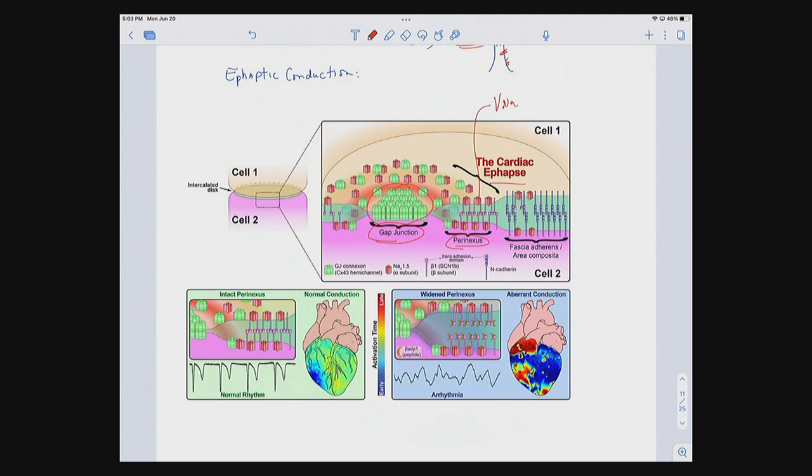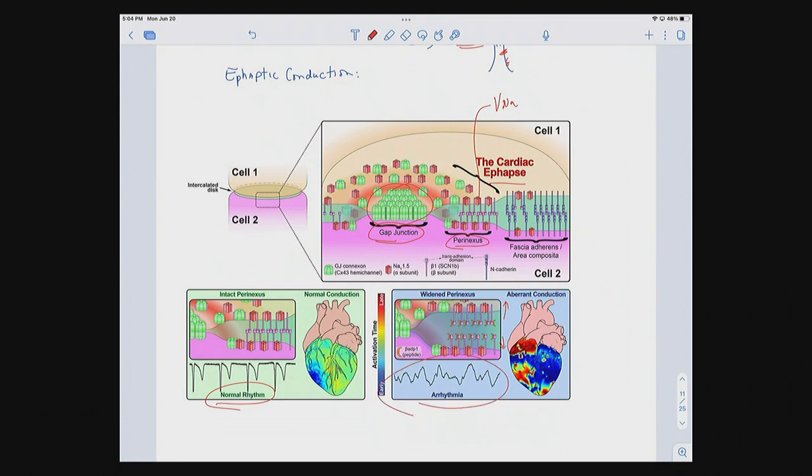This was a curious type of experiment that they did, in the sense that when they experimented on this tissue and everything is normal, then the normal rhythms were occurring and everything was fine. But they were able to manipulate the cellular structure such that they separated, made wider, the perinexus. And when they did that, they generated an arrhythmia.